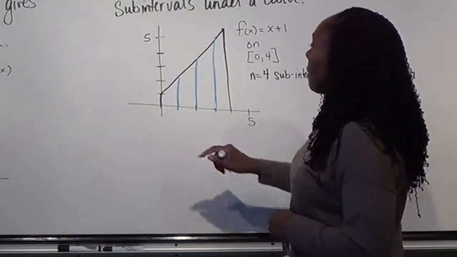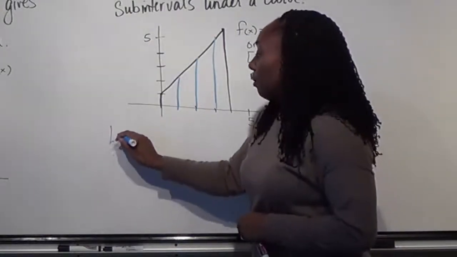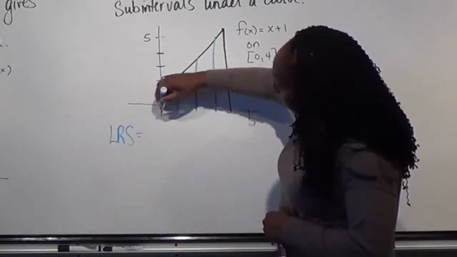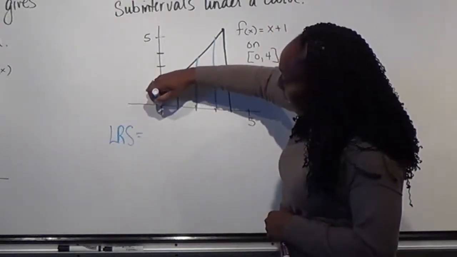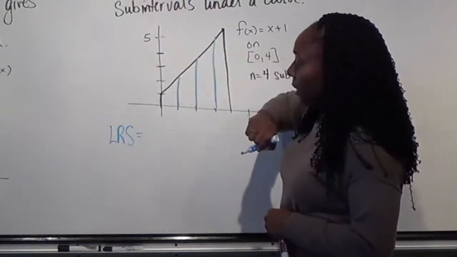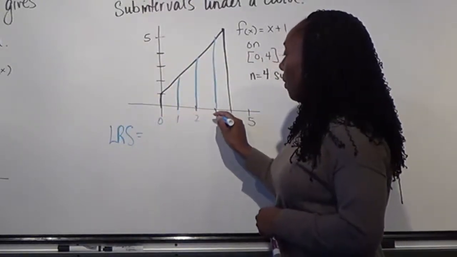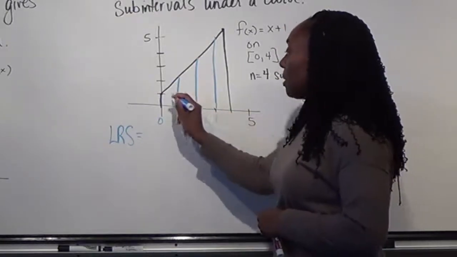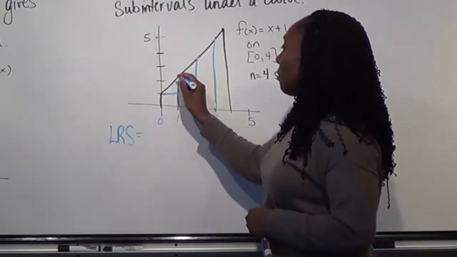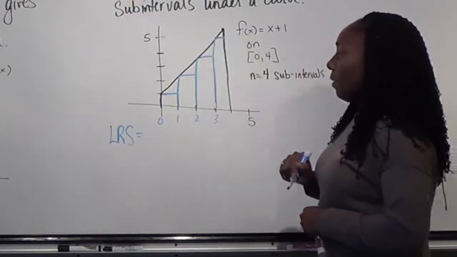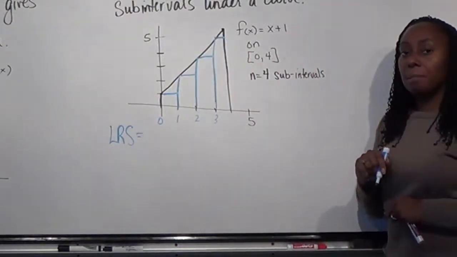And if I approximate this using left Riemann sums, I can see that my rectangles are going to take the height of the function at the left-hand endpoint. So in this case, I'm looking at 0, 1, 2, and 3 as my left-hand endpoints. And if I look at those rectangles, there's what my rectangles would look like.